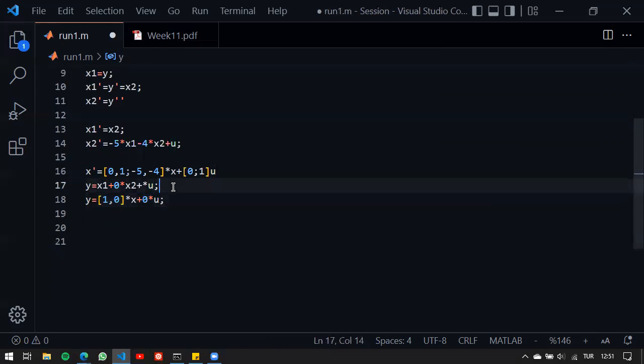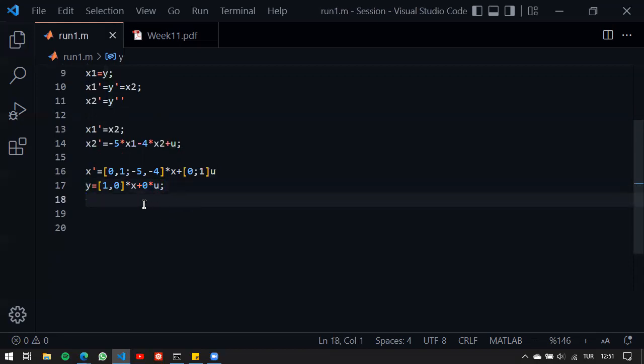Since there's no u, we'll just plug in 0. Now we can see that we have, again, x, y, and u, and we're basically modeling the input and output, but we have additional data here. We have a variable x, which we can inspect and see what it really does.